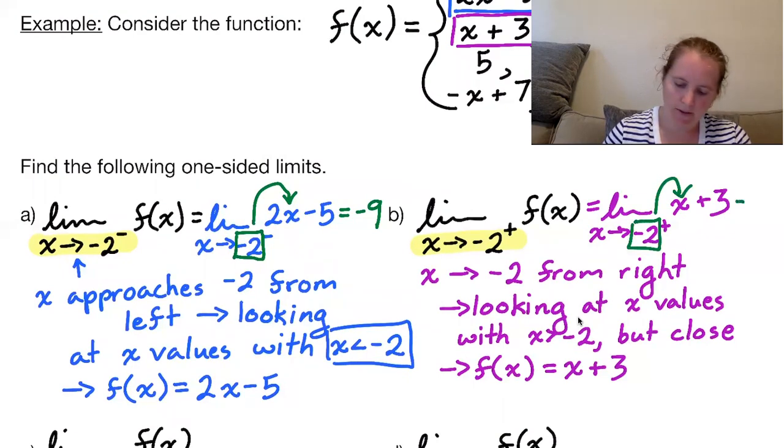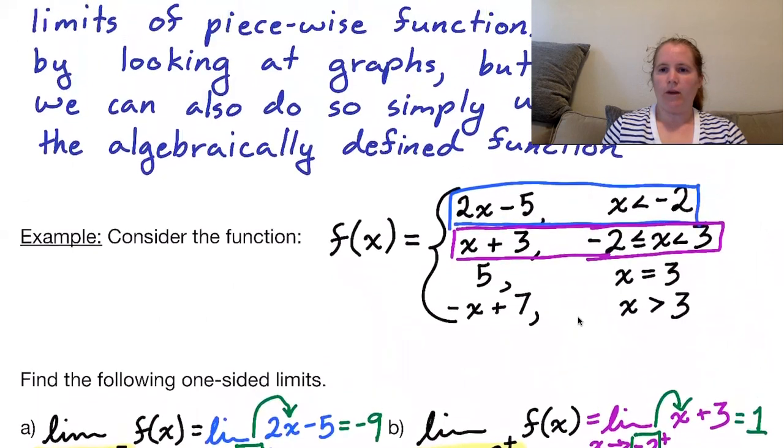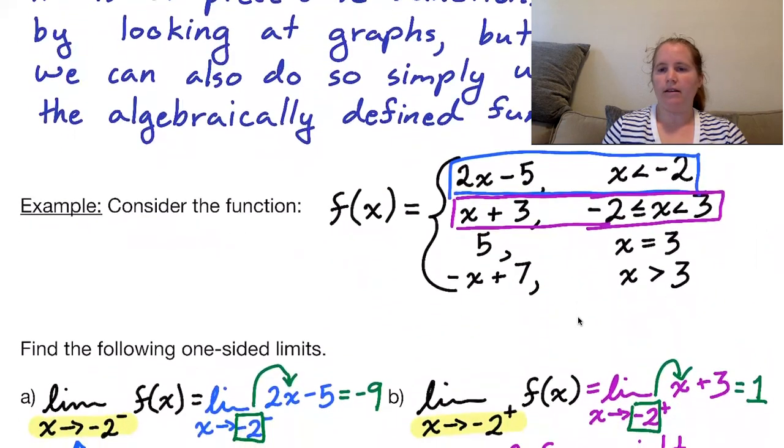And -2 plus 3 is just a positive 1. So again, coming from the right, close to -2, f of x is exactly the same as x plus 3.